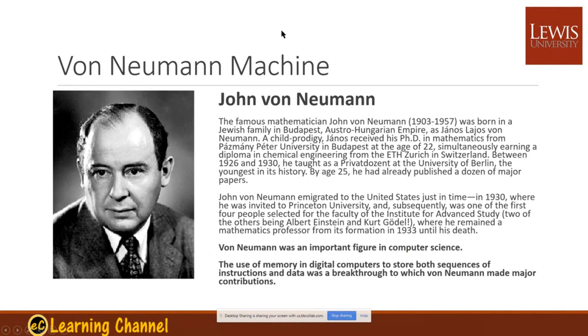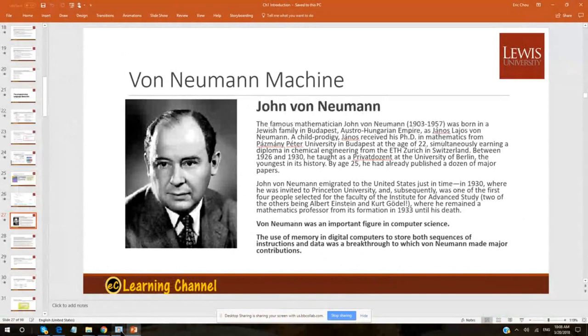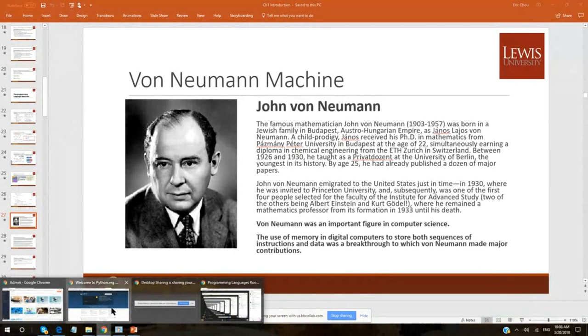His most important contribution is the use of memory in the digital computer to store both a sequence of instructions and data, a breakthrough to which Neumann made a major contribution. You may ask the question, why? Memory is so easy to know, so why is this contribution of bringing memory to the digital computer so important?